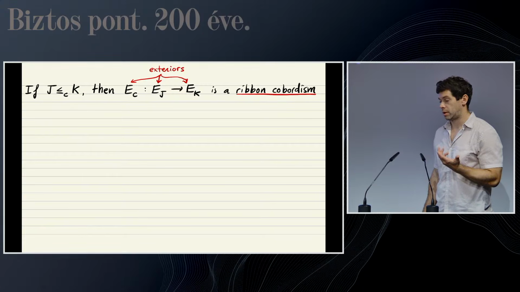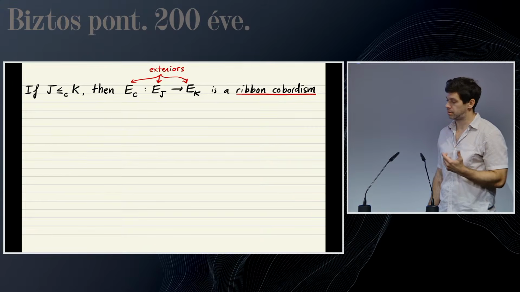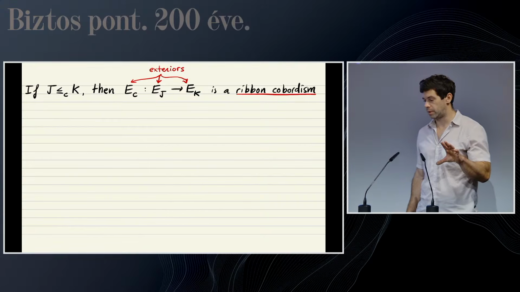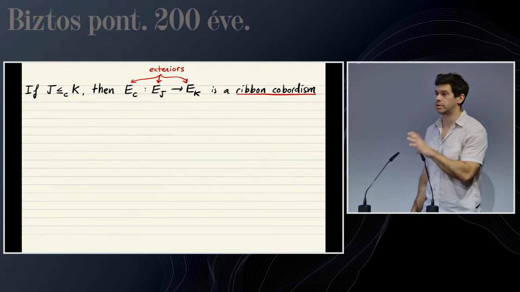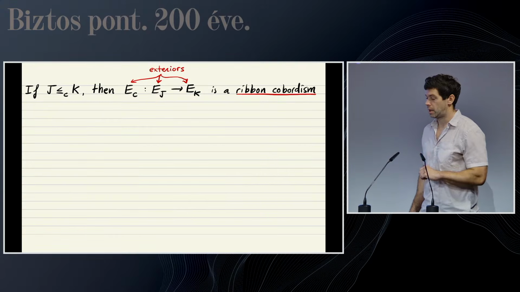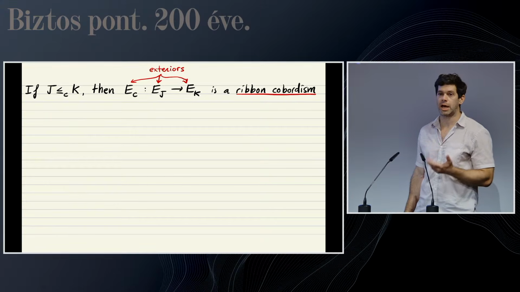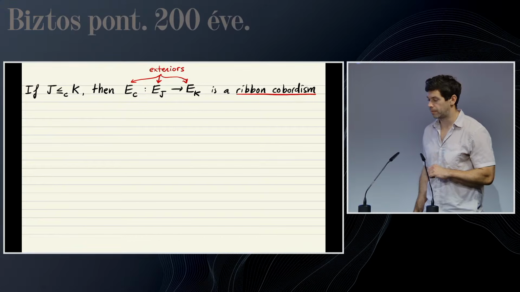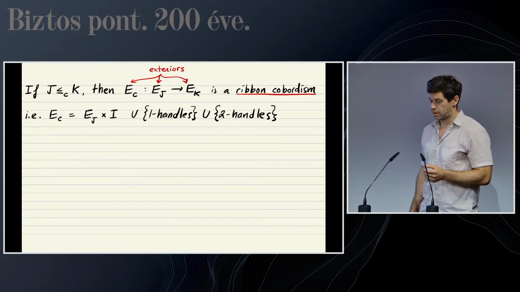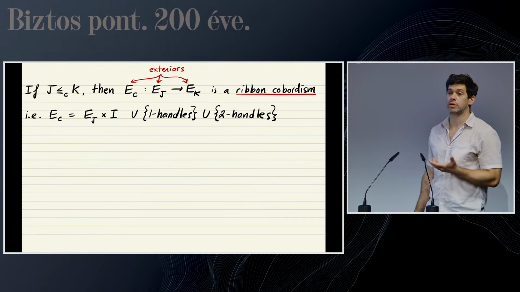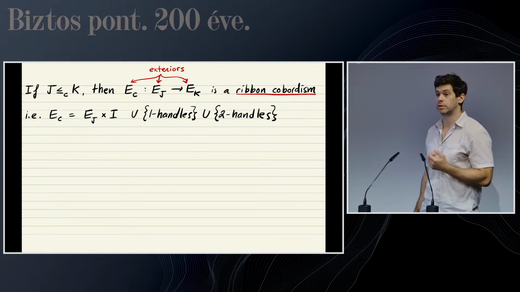And you can think about this as some cobordism with corners from the exterior of the knot J to the exterior of the knot K. And this is what's called a ribbon cobordism in the terminology of Daemi, Lidman, Vela-Vick, and Wang. And all that means is that it can be formed just from one handles and two handles, four-dimensional one handles, four-dimensional two handles.